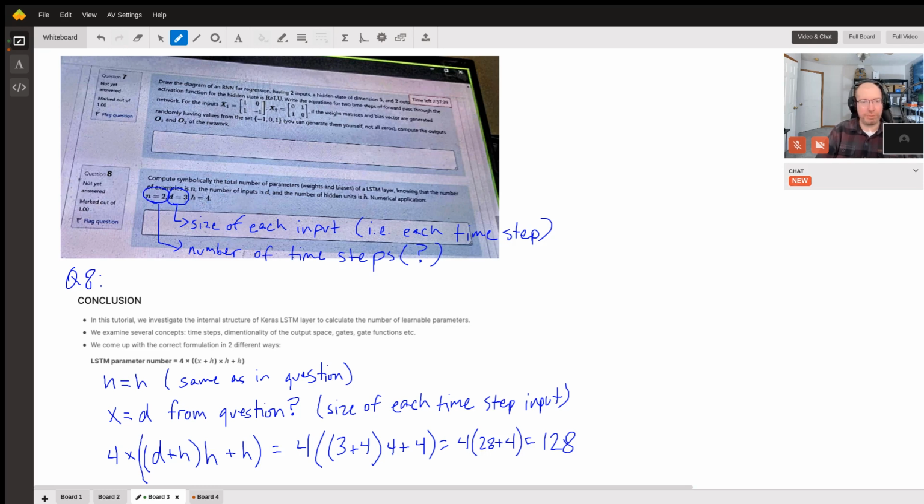Then you'd have your first output, which I would probably call Y0 or whatever. So this is input, hidden, and outputs.